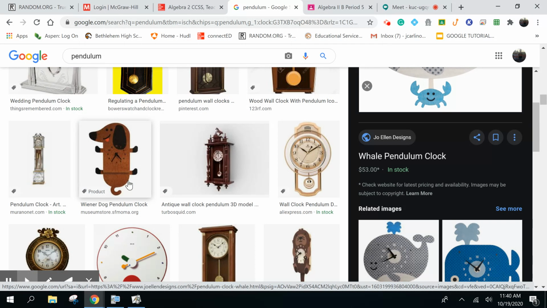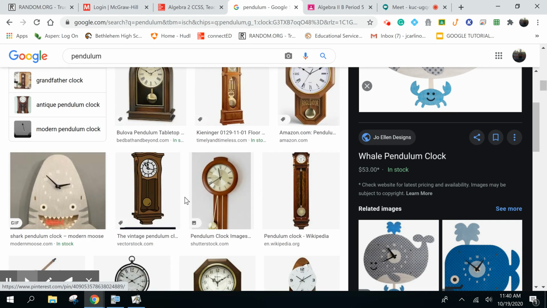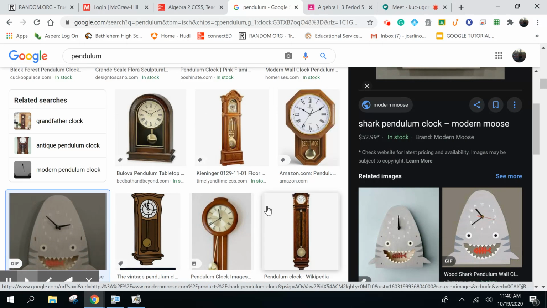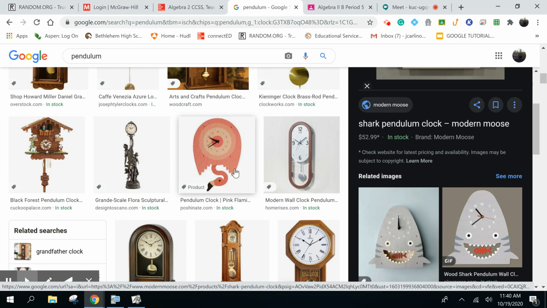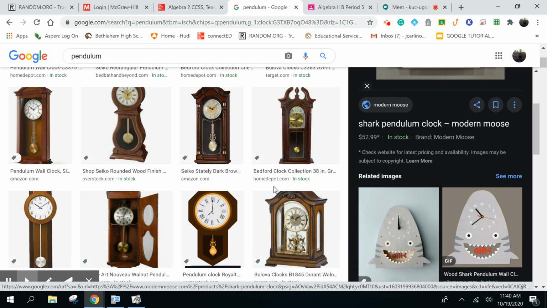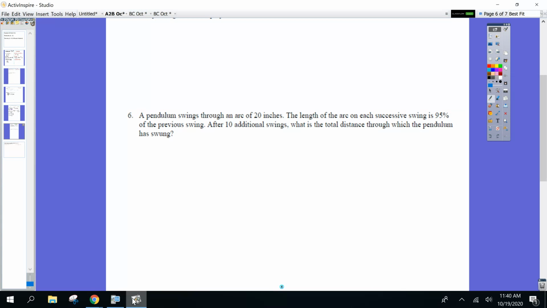Oh, that's cute. Look at that little wiener dog. Oh, baby shark. Can't beat that with the kids. $53. Flamingo, anybody? No? Okay, I'm good. Everyone's good? You do a little non-math stuff every once in a while.